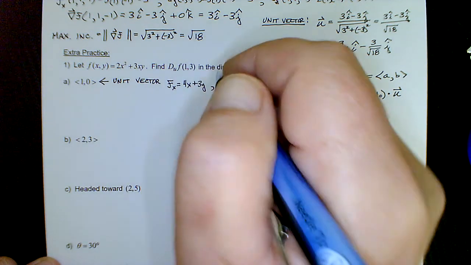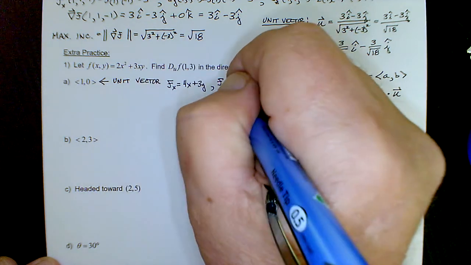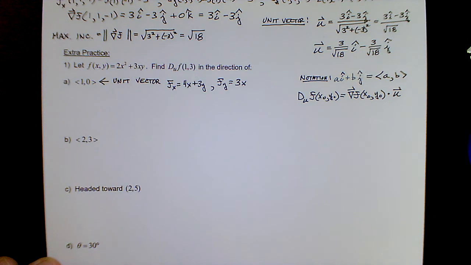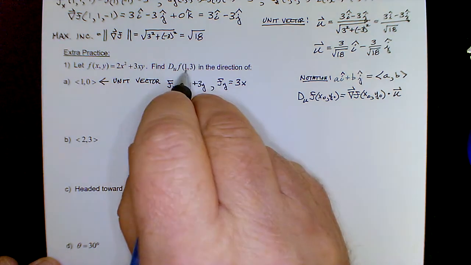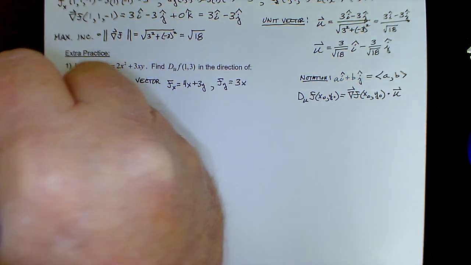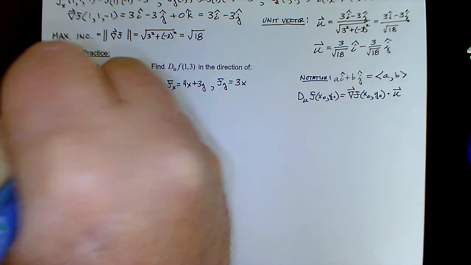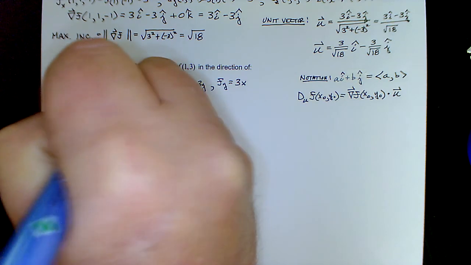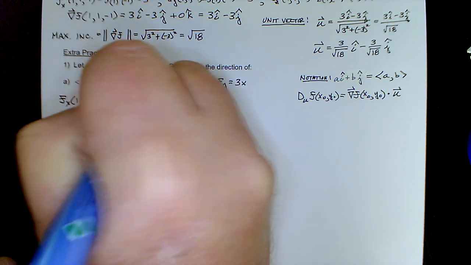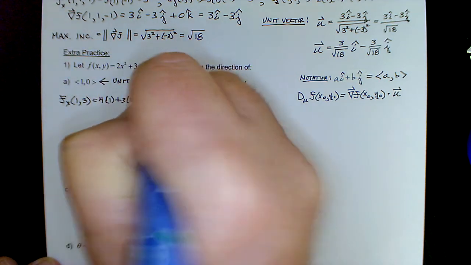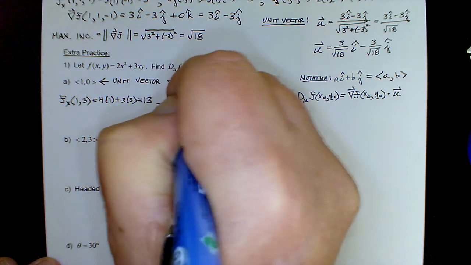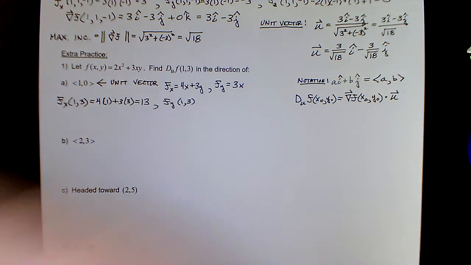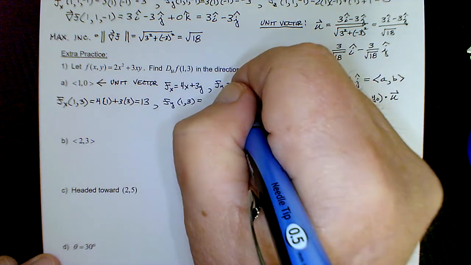Okay, and then if we evaluate those at the point 1, 3, f sub x at 1, 3 is 4 times 1 plus 3 times 3, or 13, and f sub y at the point 1, 3 is going to be, okay, f sub y is 3x, so 3 times 1, or 3.